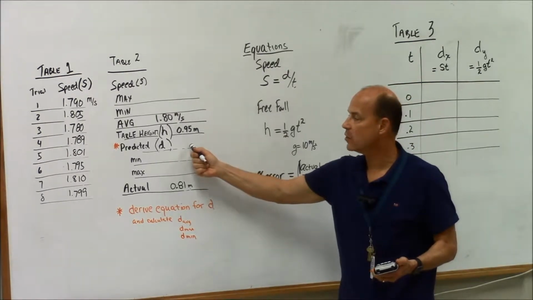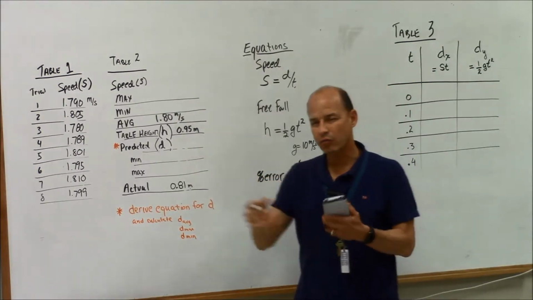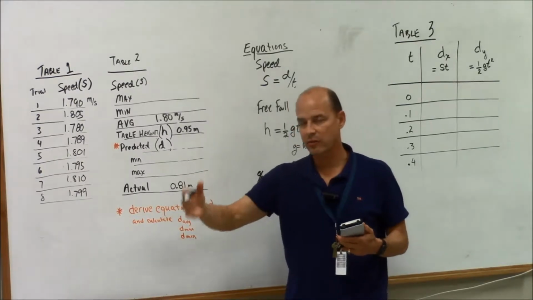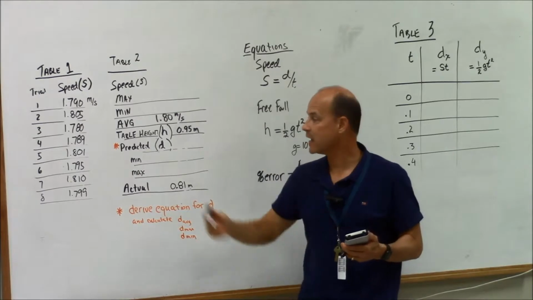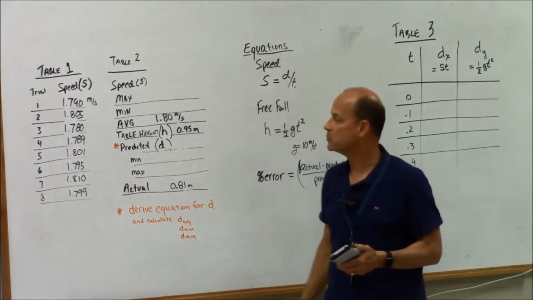I want to find my maximum and my minimum because when we calculate the distance that the projectile is going to go, we want a range of distances. We want a minimum and a maximum, and then our best guess of where it's going to land exactly is what we're going to use the average speed for.